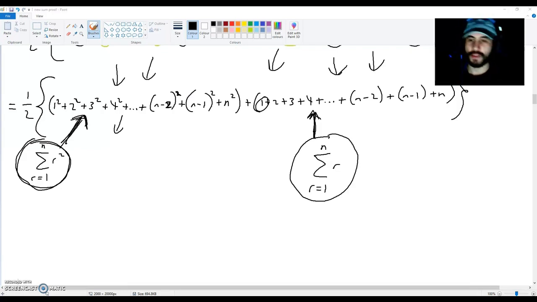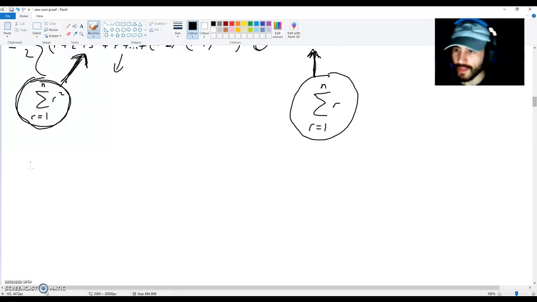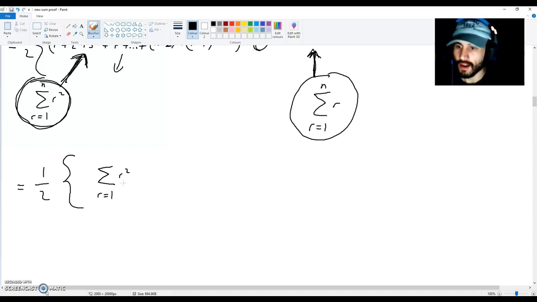Alright, so let's simplify what we've got even further. From here we should be able to get equals a half. Then we have in brackets that nice big sigma symbol with r squared next to it, then r equals 1 below it, then n above it for terms.